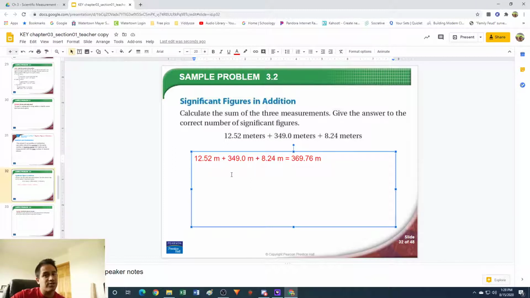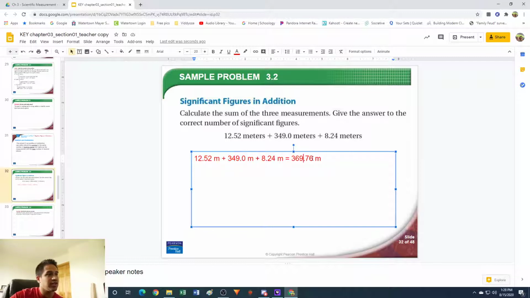Now, if we look at the measurements we used to get this, the first measurement had 2 numbers after the decimal. The second measurement only had 1 number after the decimal, and the third measurement also had 2 places after the decimal. So this number in the middle had only 1 number after the decimal, which means our answer can only also have 1 number after the decimal.